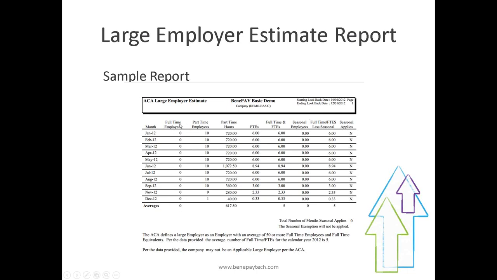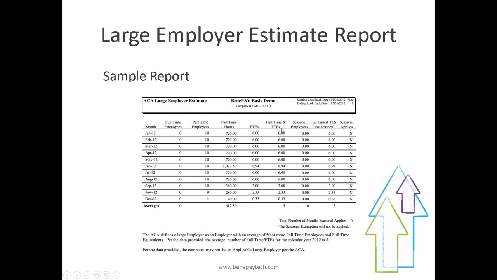So at that time, there were 0 full-time employees identified. However, the number of full-time employees per month will be listed in the appropriate fields here. Then the number of employees that were identified as part-time in the next field, our total part-time hours, and then our full-time equivalency of those part-time employees.